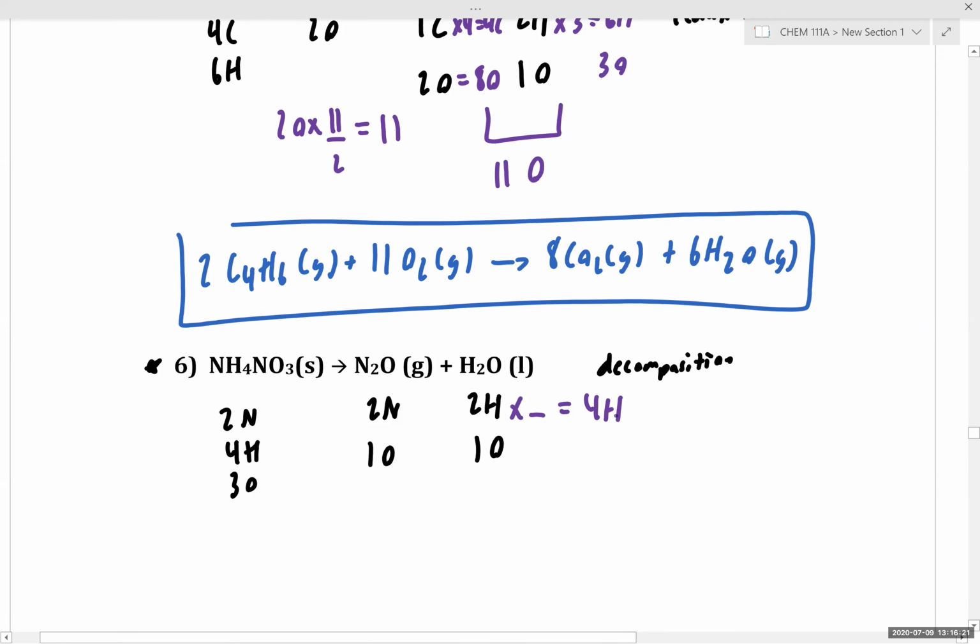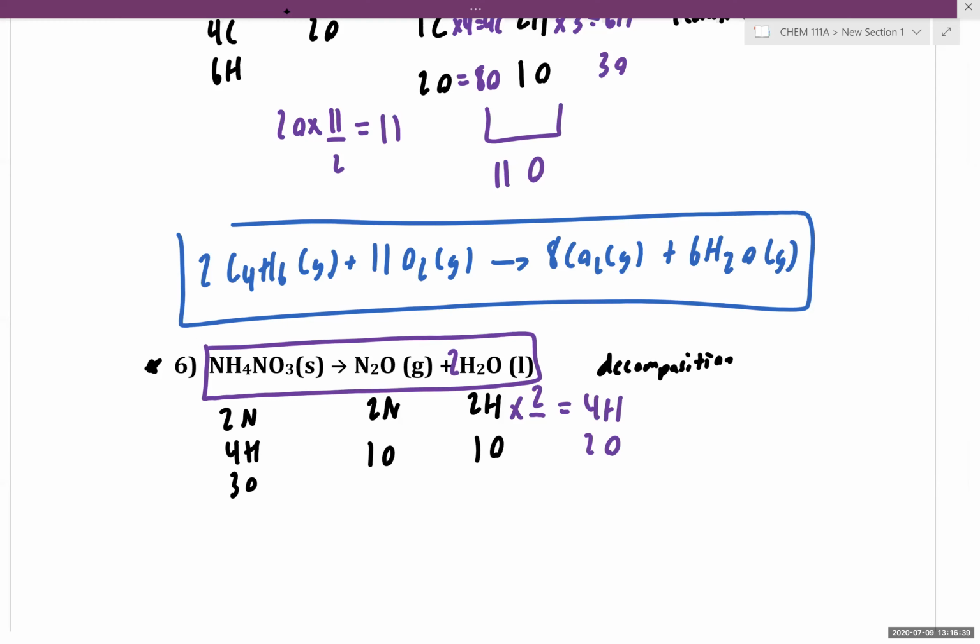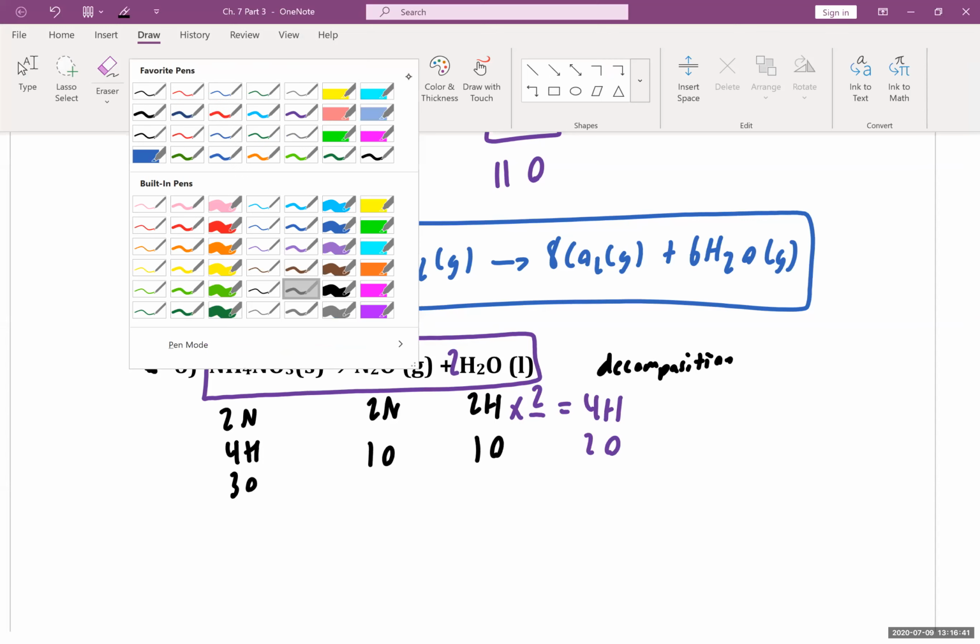What coefficient do we need for water? 2, yep, exactly. So that gives us 4 hydrogens and 2 oxygens. Wonderful. So we now have a complete balanced equation.